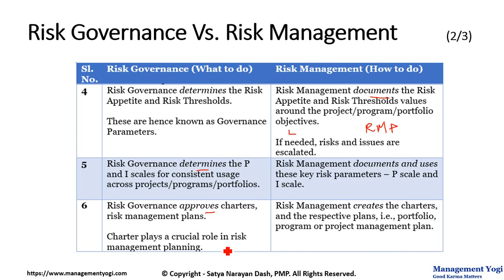Risk management, on the other hand, creates the charters and the respective plans, that is, portfolio plan, program management plan, or project management plan. So if you have prepared a risk management plan, you would know the project charter or the program charter or the portfolio charter. Everyone will have a charter. They will act as inputs to the respective management plan, specifically the risk management plan.